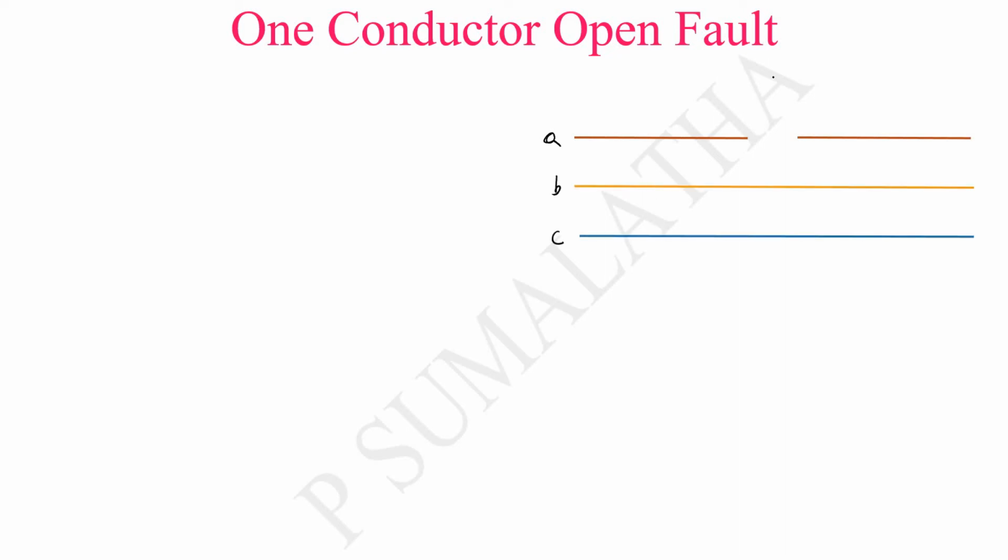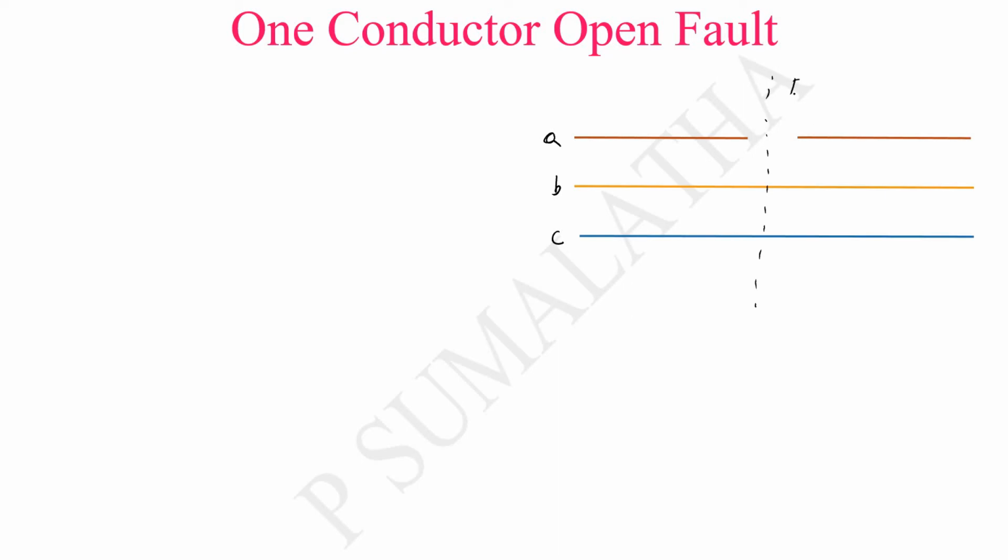In that, the first one is the one conductor open fault. Here I am taking the phases A, B, C, and we are assuming that phase A is in open circuit condition. So let us take this as phase A, which is open circuited, and phase B, phase C. Now with respect to these terminals, the fault has occurred.